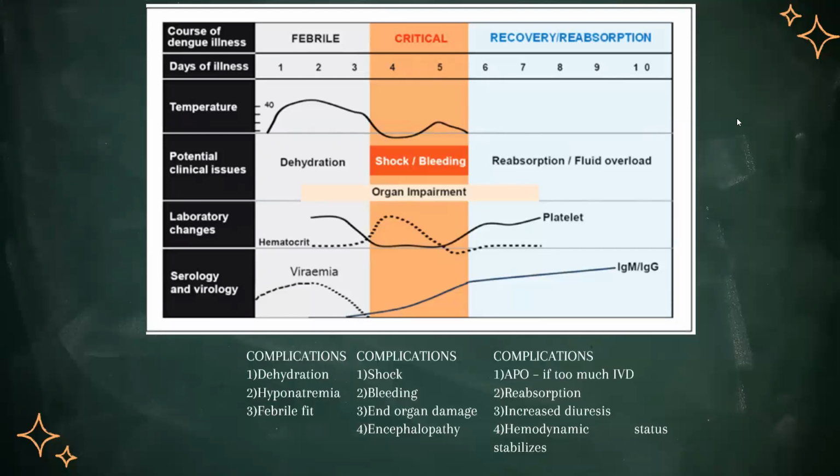Next is the recovery or reabsorption phase. In any other viral illness or in a normal mild dengue viral illness, patients will recover completely. But only in a subset of patients will they go into the complications of the critical and recovery phase.